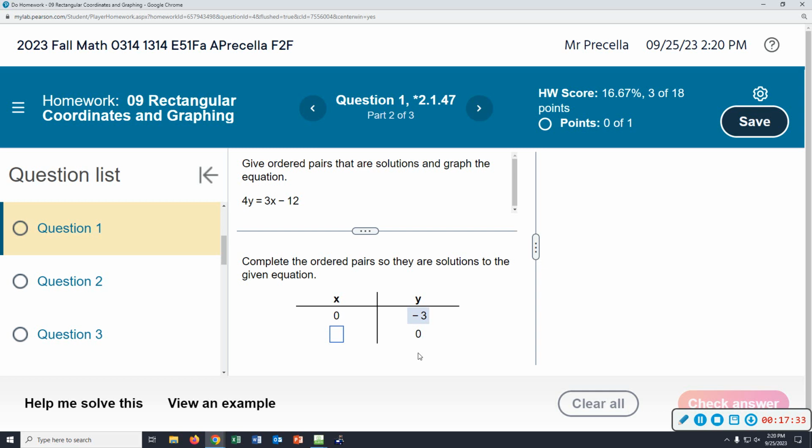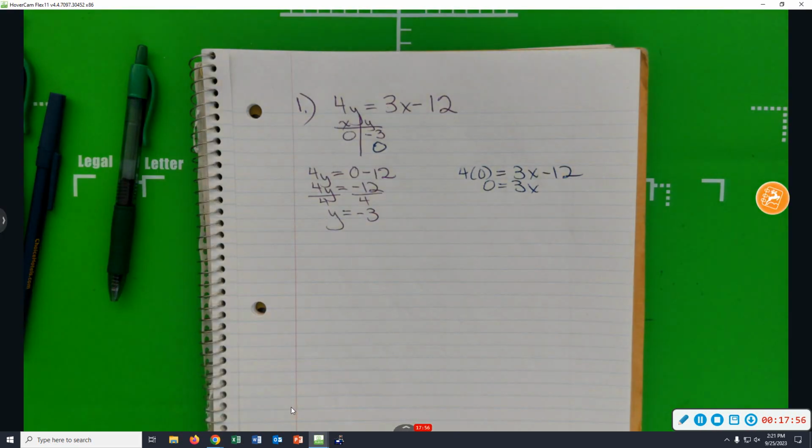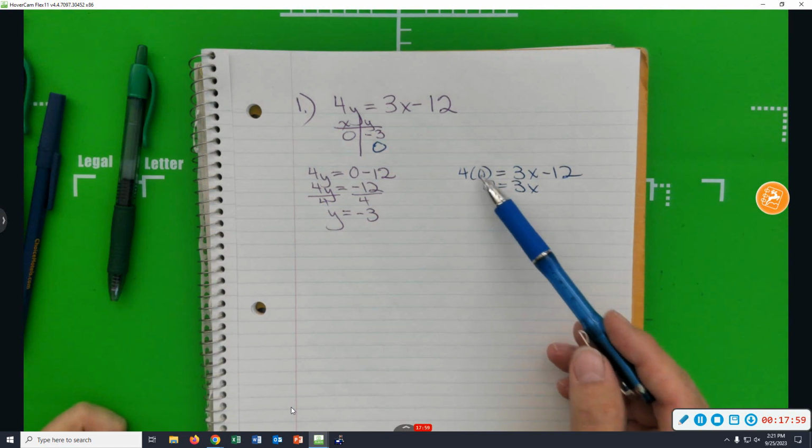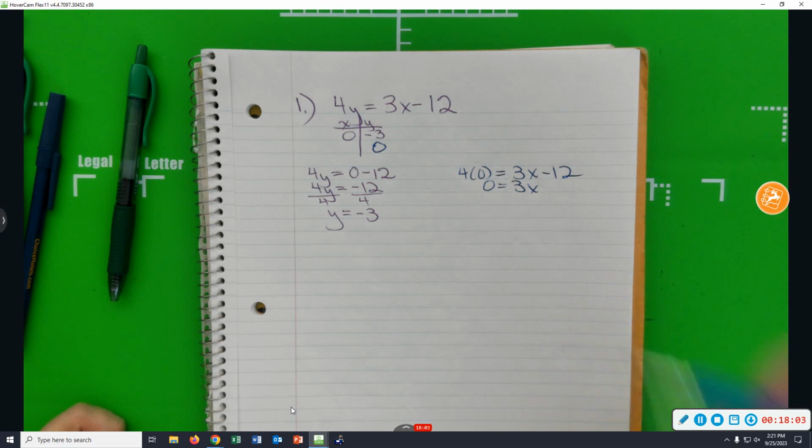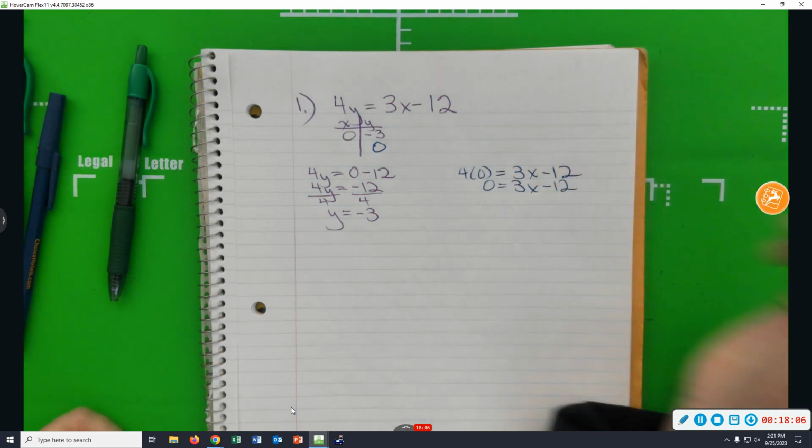So plugging in 0 for y, 4 times 0 is equal to 3x minus 12. 4 times 0 is 0 equals 3x minus 12.